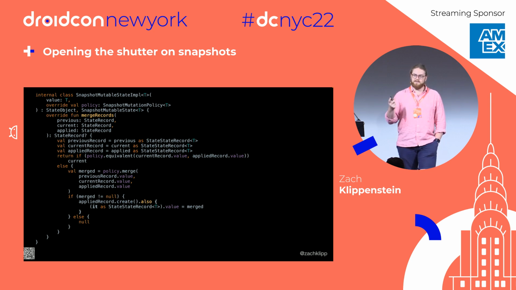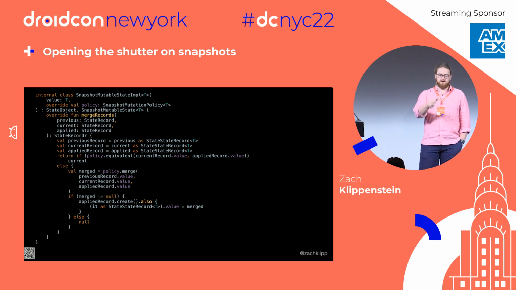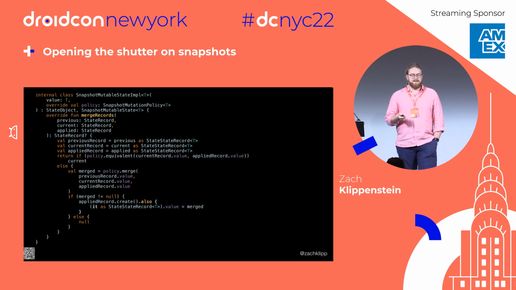So when the snapshot system detects a conflict, it's going to call merge records. Mutable state is going to ask the policy if the records look like they're the same. So if you've ever passed in mutable state of with never equals or a custom policy, that's what it's doing: it's asking this equivalent method if the records are the same.